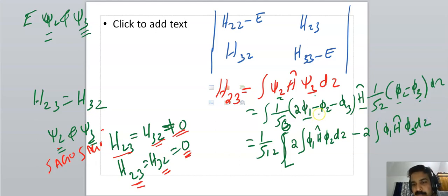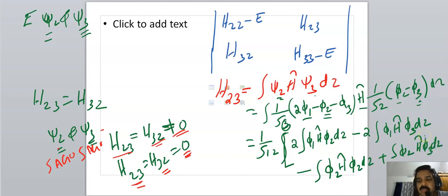Then minus phi 2 here: minus integral phi 2 H cap phi 2 d tau. Then phi 2 phi 3, minus minus plus, plus integral phi 2 H cap phi 3 d tau.